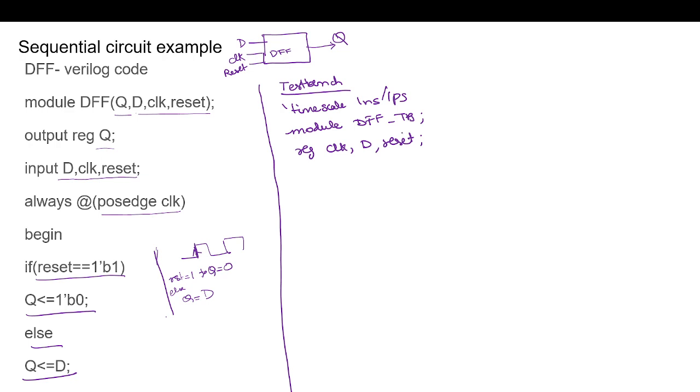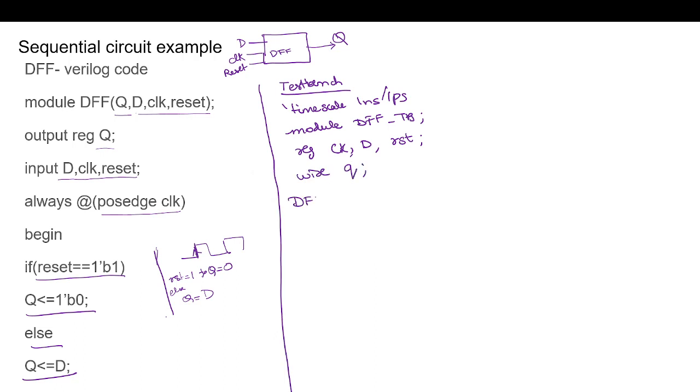If I want to use some other names, like RST for reset and CK for clock. Now wire output is, here it is capital Q, I will write a small q.